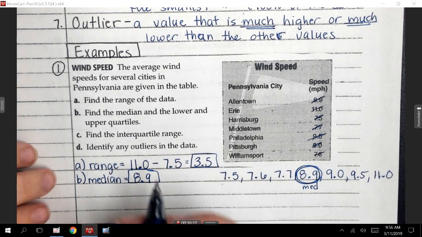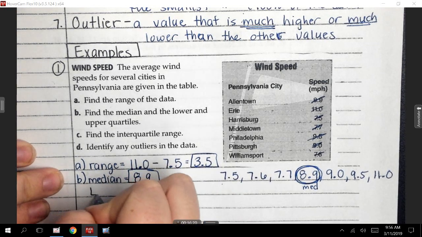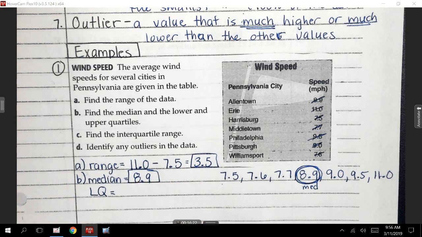Okay, after we find the median, it says we got to find the lower and upper quartile. So I'm going to do my LQ first. LQ. Any ideas on what the LQ is going to be? How am I going to find it? What's my LQ? Malachi?